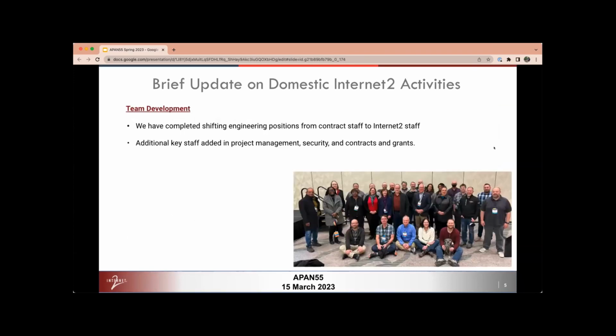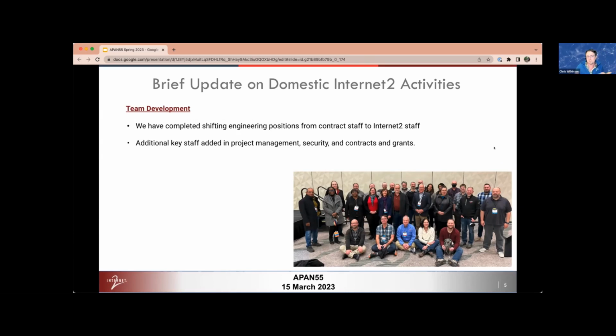We're also building our domestic team. We've been shifting our engineering from contract staff into Internet2. We had a long-standing collaboration with Global NOC to provide our engineering services as well as our NOC services. Global NOC's continuing in that role, but now we're bringing the majority of our engineering services in-house.